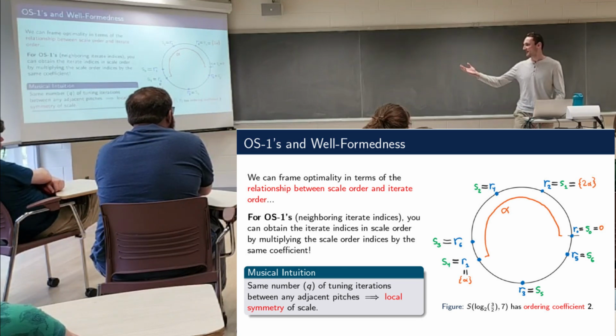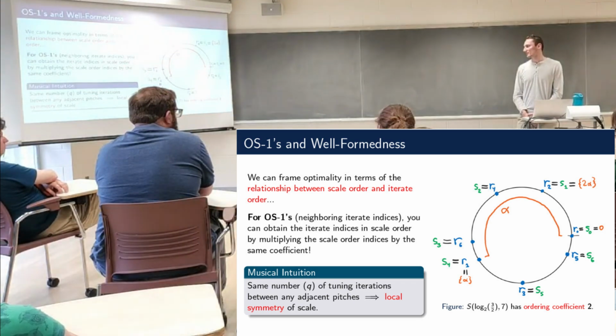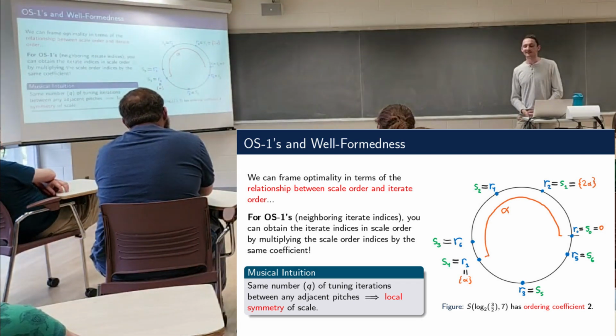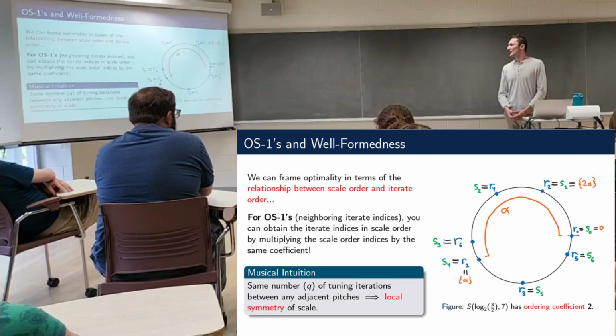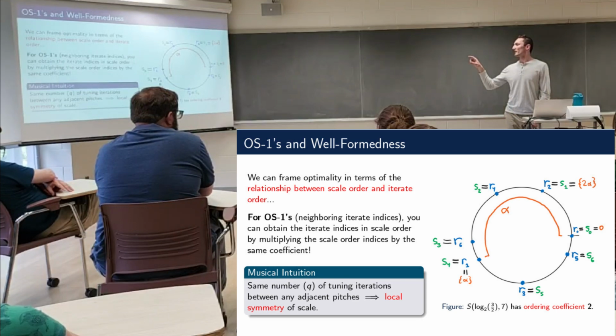If you notice in this picture, we have the scale generated by our same nice generator, the perfect fifth generator, and it's a 7-tone scale, so that means an optimal scale of the first kind. The 0th scale order pitch is R0.